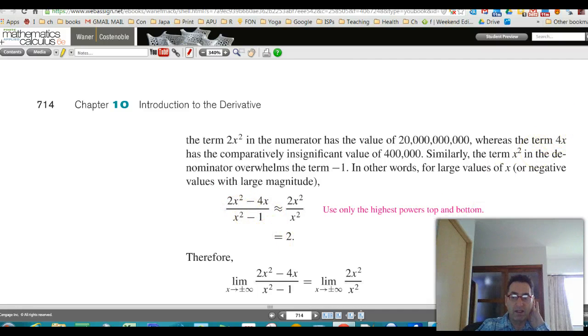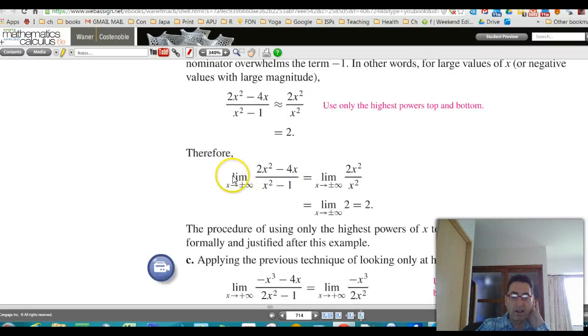Therefore, they suggest that the limit for this, if it's plus or minus, is basically the limit of this. And then the limit of this, what can we do? We can cancel the x squared and the x squared. And so we're just asking for the limit of 2, and that is equal to 2.